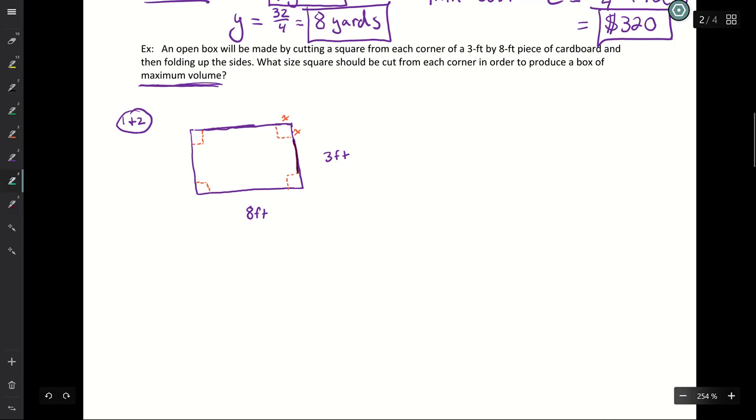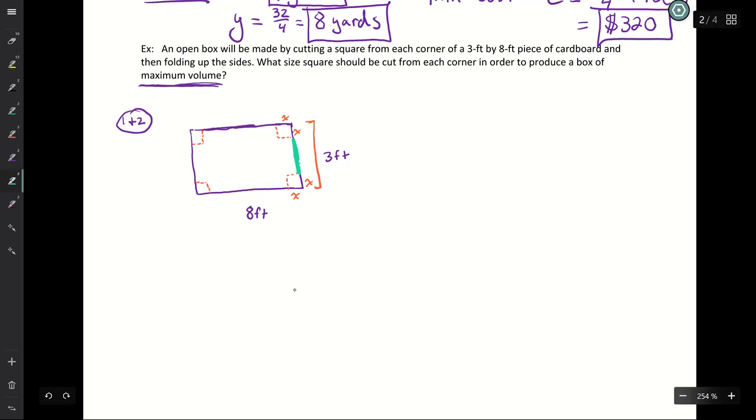Now, what that's going to allow me to do is then label the length that's left over here. So let me do that in a different color so you can see. So I have this leftover length or width, however you want to think of that there. Okay, what that's going to be is look at the x's you're cutting out. So you're cutting out x's there and there. You're also cutting out x's here and here. That would mean that if this total distance out here was originally 3 foot, I've now removed 2 x's from that.